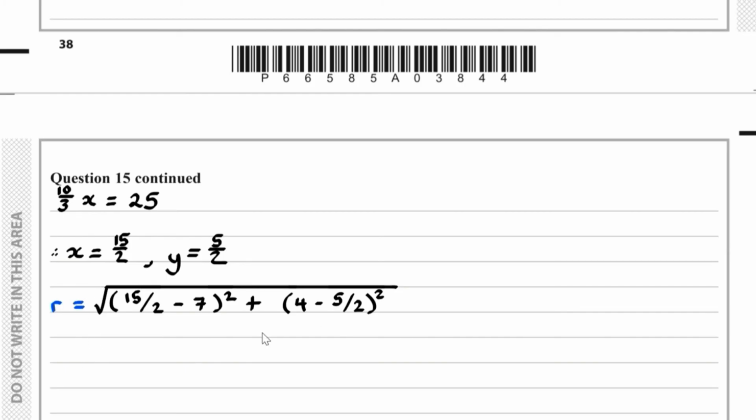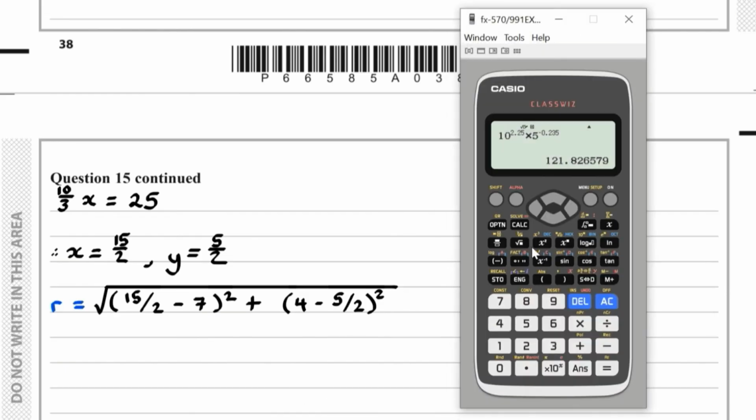So if we find out what the radius is, we have the square root of 7.5 minus 7 squared plus 4 minus 2.5 squared, all square rooted, which is root 10 over 2.